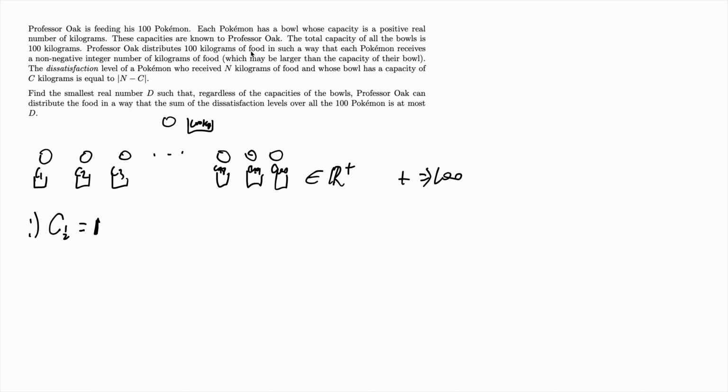Professor Oak distributes 100 kilograms of food in such a way that n sub 1, n sub 2, n sub 3, up to 98, 99, 100 are all non-negative integers. It's just non-negative integers, right?